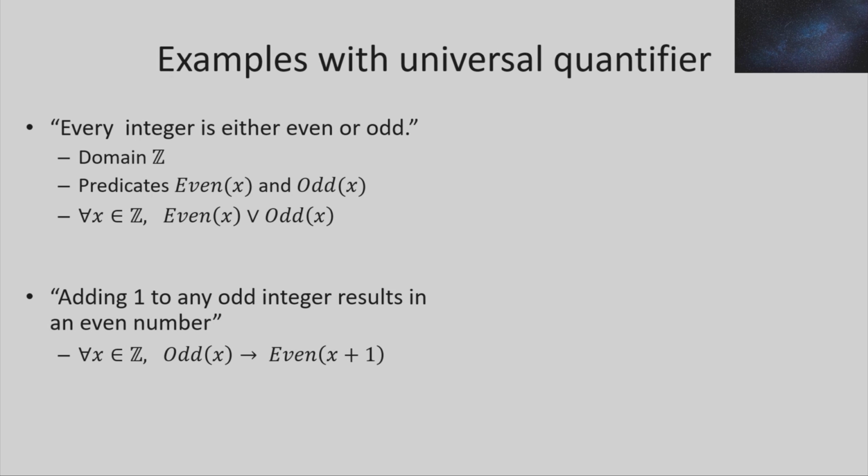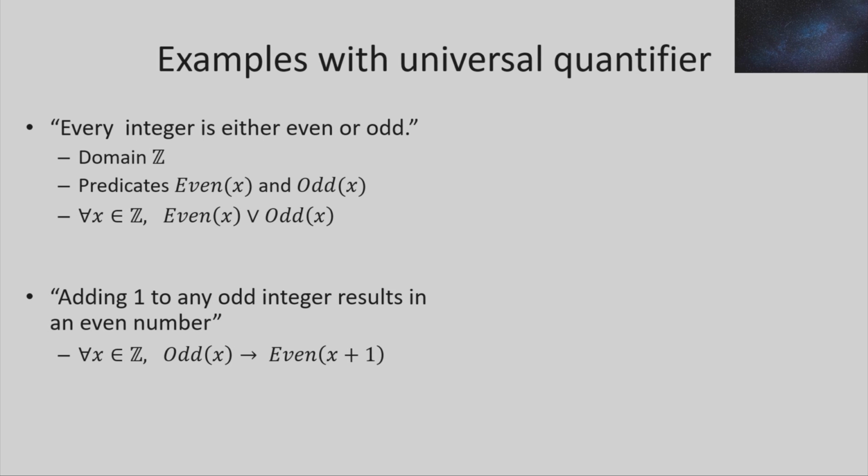Here is another example. Adding 1 to any odd integer results in an even number. Okay, this one is slightly more complicated to parse because you have the tricky word here, any. But in this case, you could also say adding 1 to every odd integer, or for all odd integers, adding 1 to it results in an even number. And now we could write it as a formula.